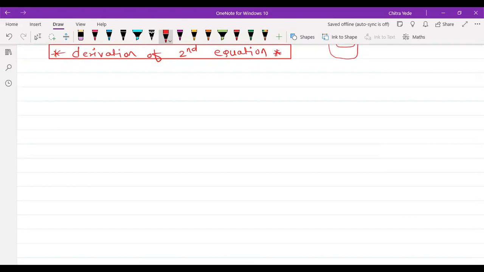Now any doubt? No, sir. Okay, so we'll move further. Now we will discuss the second equation of motion. It is s equals u t plus half a t square, which we had to derive.